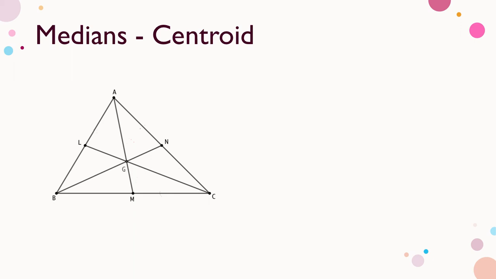Let M and N be the midpoints of BC and AC respectively, and G is the intersection of the two medians AM and BN. Join CG and extend to meet AB at L. The areas of triangle GBM and triangle GCM are equal, as the triangles have the same height and equal base.